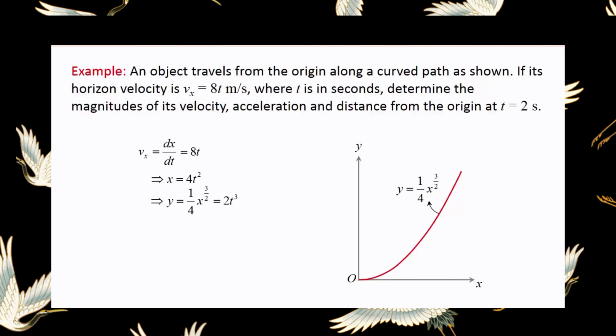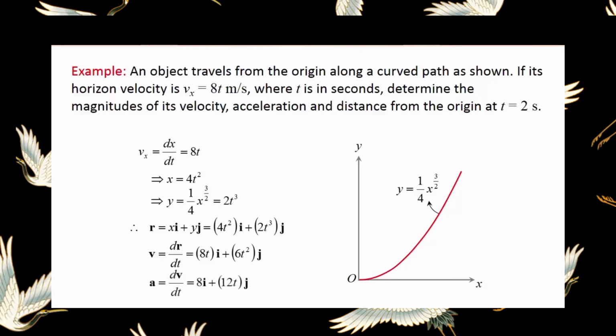And therefore, the position vector is xi plus yj, which is 4t squared i plus 2t to the 3rd power j. And from the differentiation, since v equals dr over dt, the velocity vector equals 8t i plus 6t squared j, and doing the differentiation again, acceleration equals dv over dt equals 8i plus 12t j.